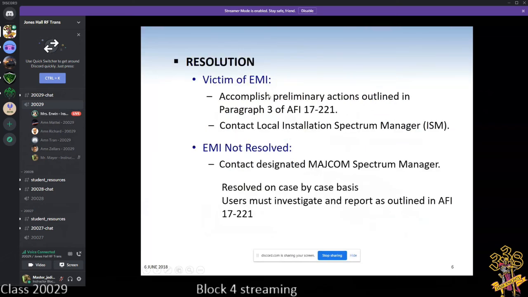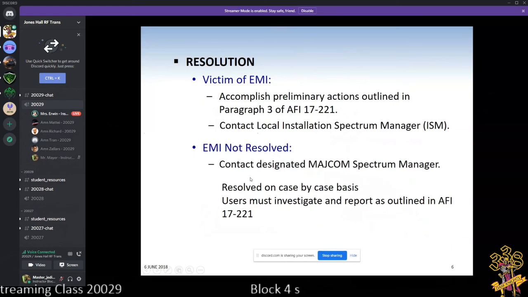If you are a victim of electromagnetic interference, there is an AFI for that. You're going to accomplish the preliminary actions outlined in paragraph 3 of AFI 17-221. You also contact your local installation spectrum manager. Most interference, you're going to be able to look around and see whatever the problem is.